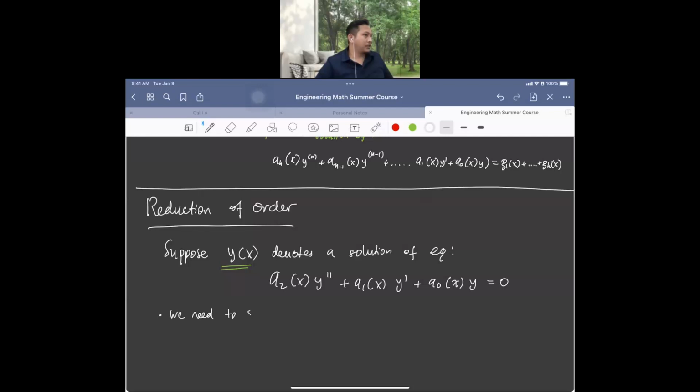Now, the next step is: what is the second solution? So we need to find y2 of x so that y1 and y2 are linearly independent.